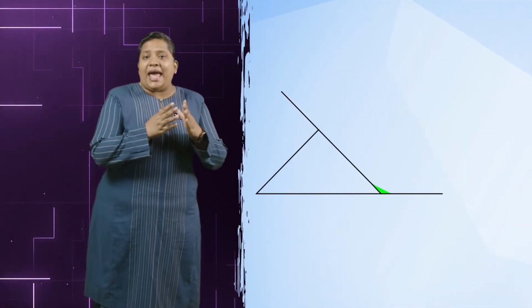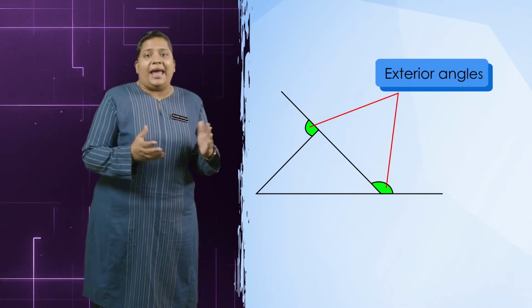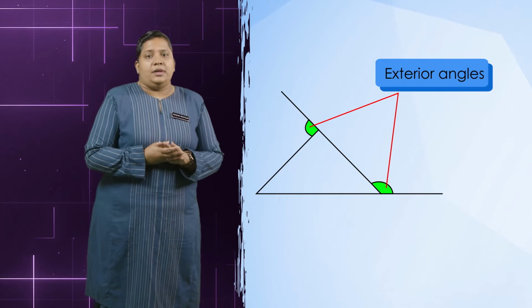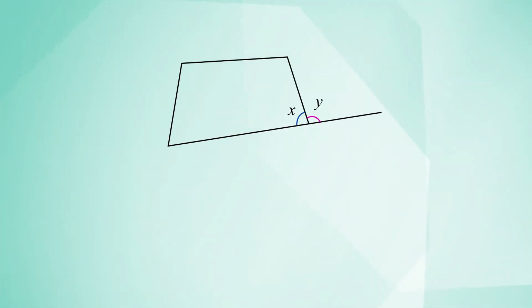Now, let's explore the relationship between the interior angle and its adjacent exterior angle. Let's see if you can still remember this. The exterior angle is the angle between any side of a shape and a line extended from the next side. Look at the diagram.